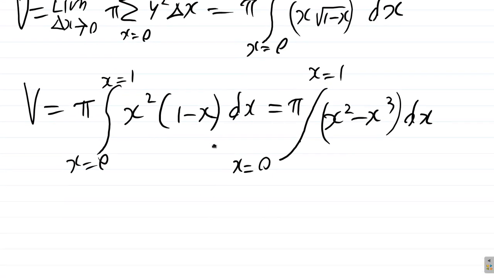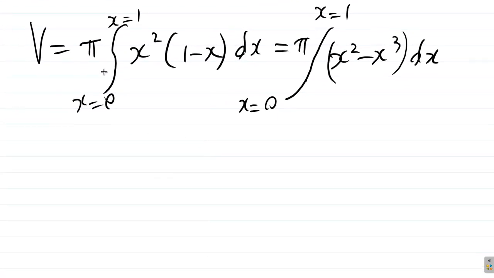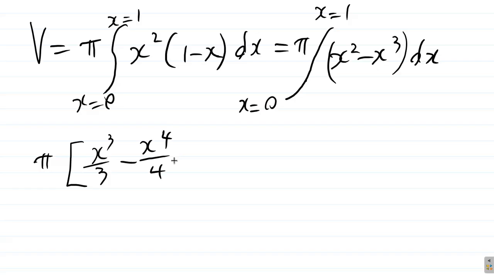Now what you're going to get is pi times x cubed over 3 minus x to the 4th over 4, from x equals 0 to x equals 1.